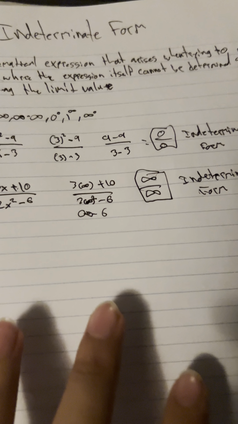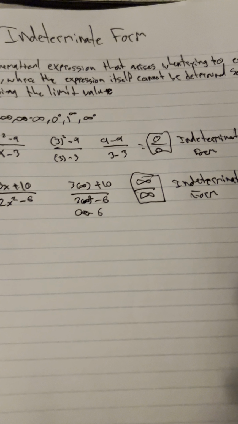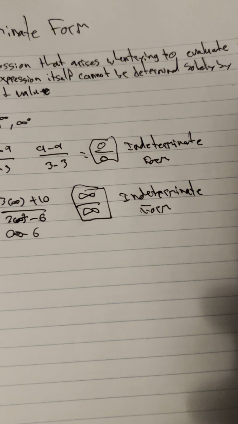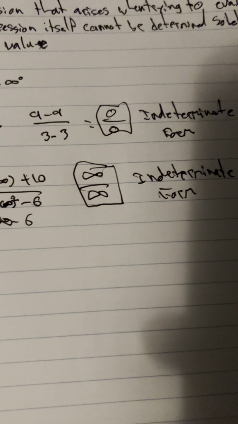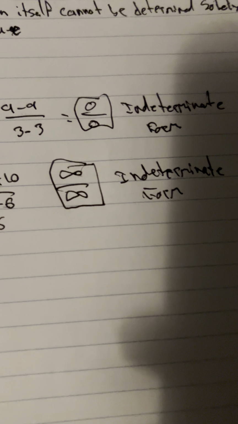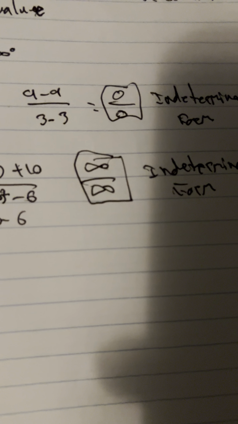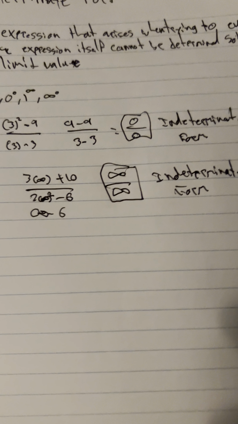Now, this is all there is to indeterminate form. There's nothing much else in there. We have done this a couple times before in previous lessons when we were trying to find limits, but we didn't go much further into it.